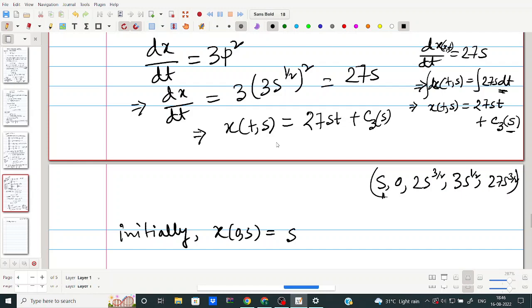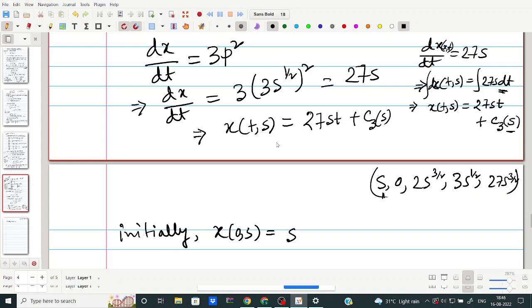So x equals 27st plus s and y equals minus t. Now you have to find s and t. You know the value of x is 1/4 and y is minus 1/9. Okay, so let me go to the next.